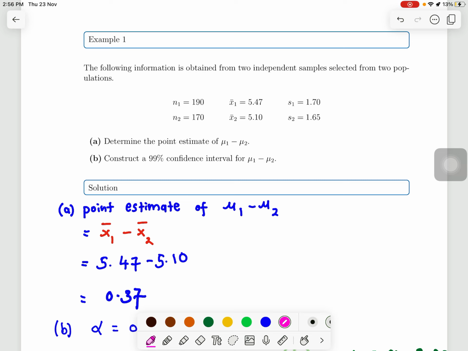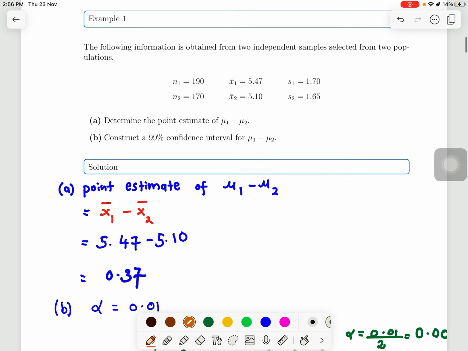As I told you before, if you want to get the point estimate of the mu or mean population, we will estimate them by the estimator. Estimator is our x bar, the average of sample. So how to answer this?